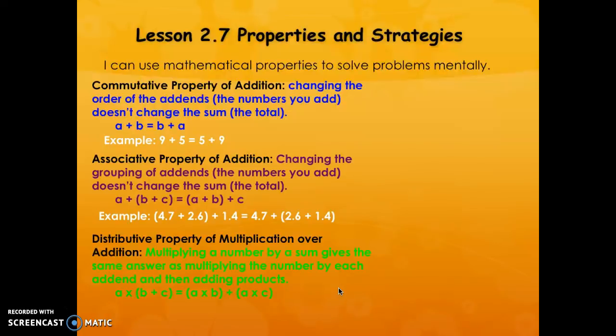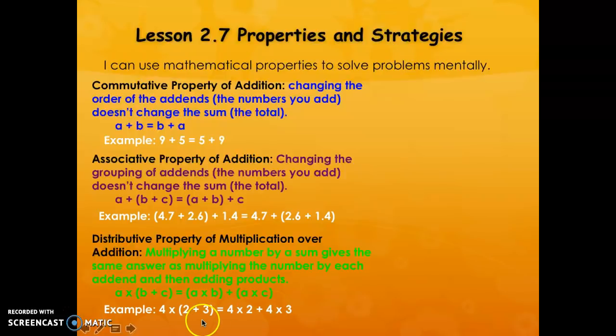Oh my word, it sounds like Greek, doesn't it? So if you have a number times two numbers that you're adding, you can actually split that apart. You can take a times b plus a times c, like this.